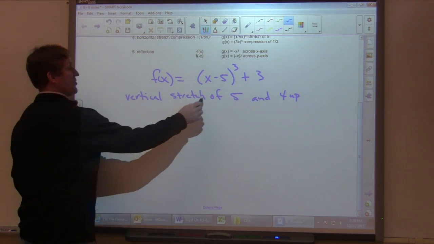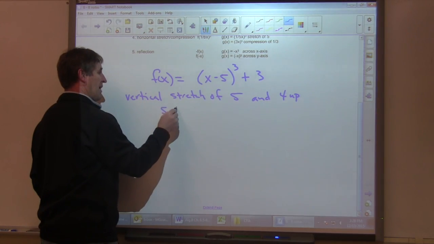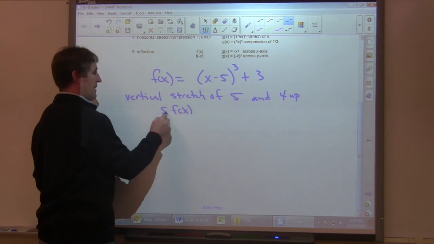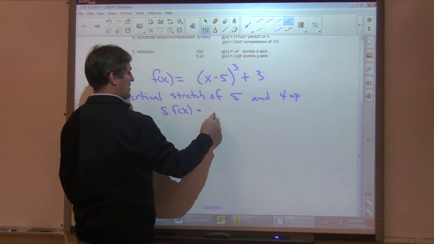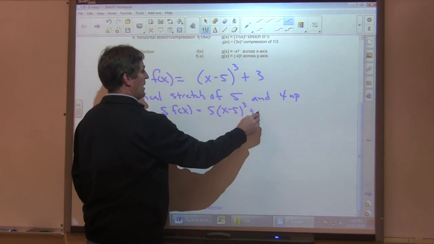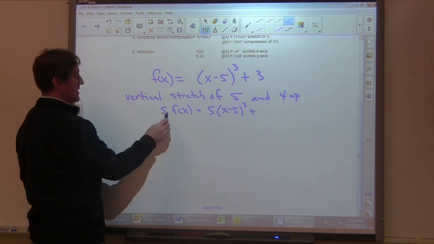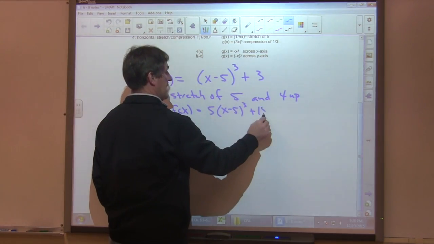So if we do the vertical stretch of 5 first, remember that affects the whole thing. So that's like writing it 5 times f of x. So I'd multiply this by 5, and so it would be 5 times x minus 5 cubed plus, now here's where people make mistakes, it's 5 times the whole function, so that would make that 15.